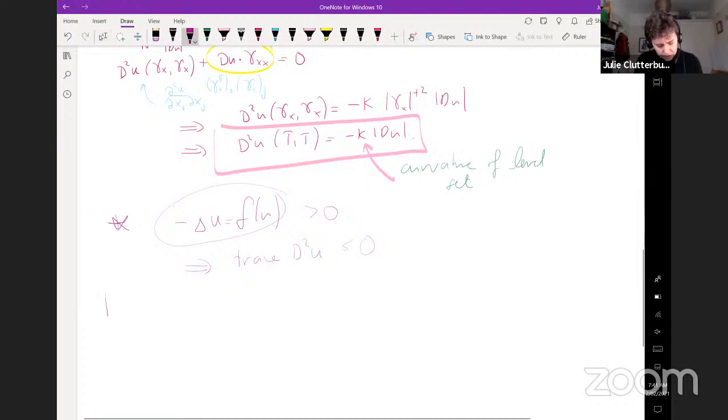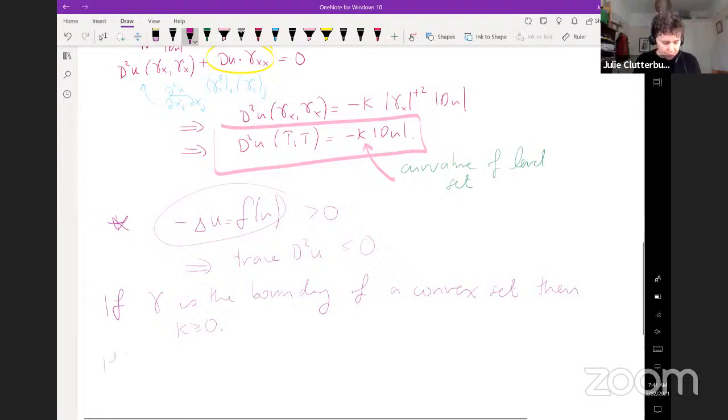If gamma is the boundary of a convex set, then kappa is positive or non-negative.